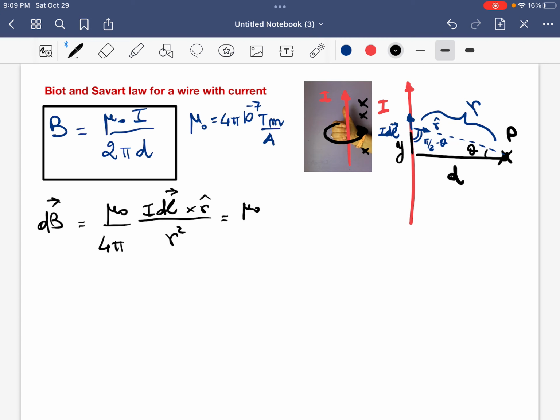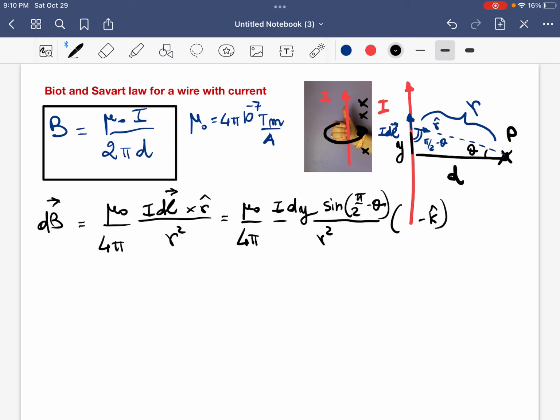I have mu 0 divided by 4 pi times I. Instead of dl, I will write dy, and when I have to do the cross product with r hat, I need to include the sine of pi over 2 minus theta, and then I divide by r squared. And that is in the direction, in this case, of the negative k, into the page.